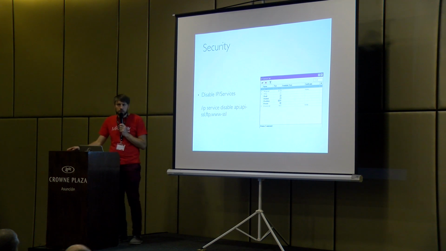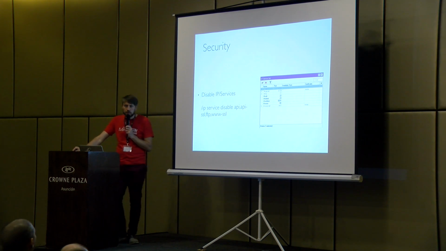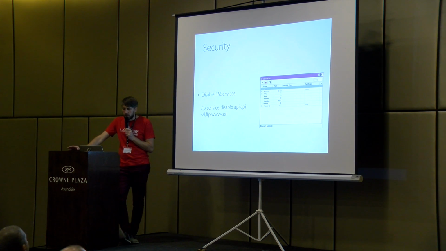So disable telnet. The next service that you need to consider disabling is API. If you are not using API, disable both of them, as API is API-SSL.